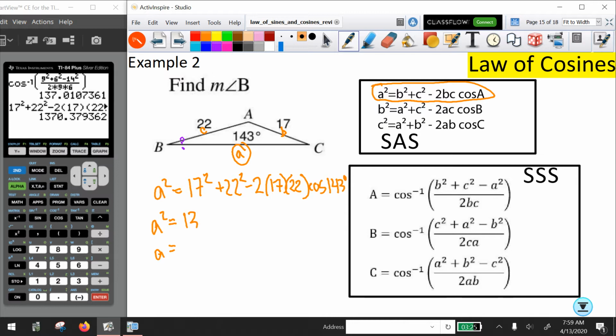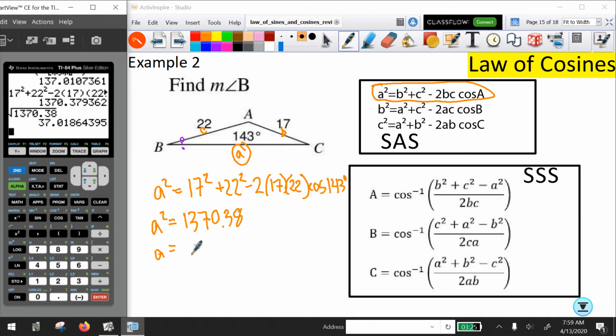So to figure out the measurement of side A, we're going to take the square root of that. And we get about 37.02. All right, but that is not what we were asked to determine. We determined that in order to go further and determine the measurement of angle B.